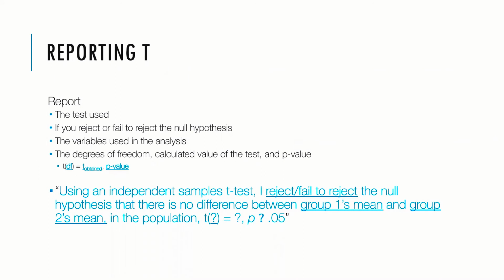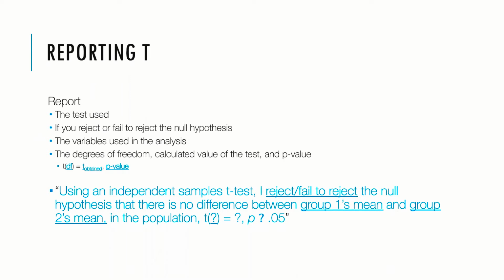When you report T, so writing it up, you include the test you use, so independent samples t-test, if you reject or fail to reject the null hypothesis, the variables used in the analysis, and T, the degrees of freedom, the calculated value of the test, so the obtained T value, as well as the P value. So we say T of a certain number of degrees of freedom equals whatever our T obtained value is.